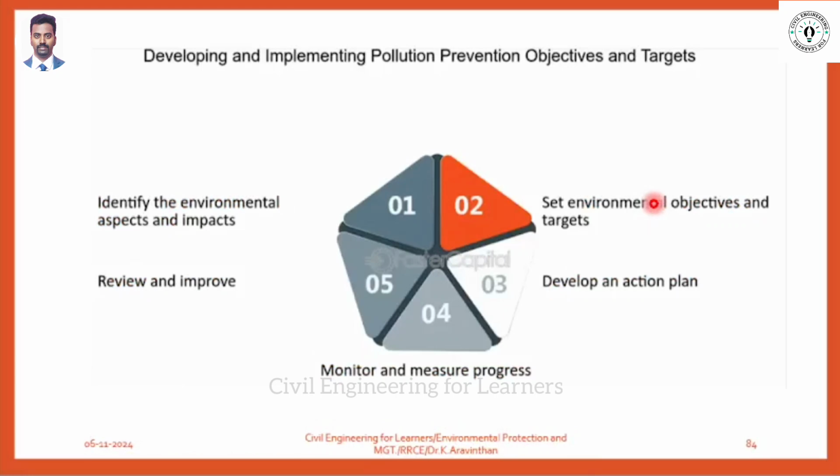Developing and implementing pollution preventive objective and target, you should follow 5 steps. Starting from policy, you should have objective and targets, action plan, then monitor and measure, review and improve. If you follow these 5 steps, you will get pollution prevention objective and target.